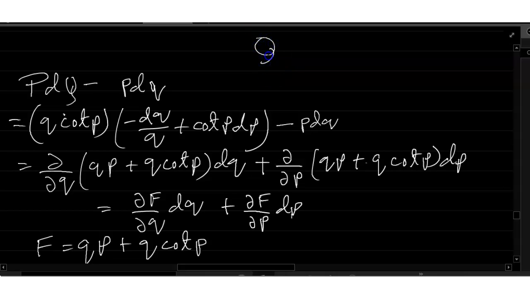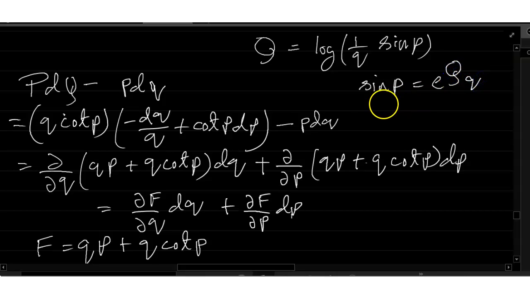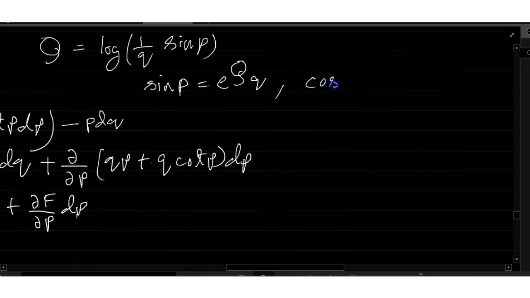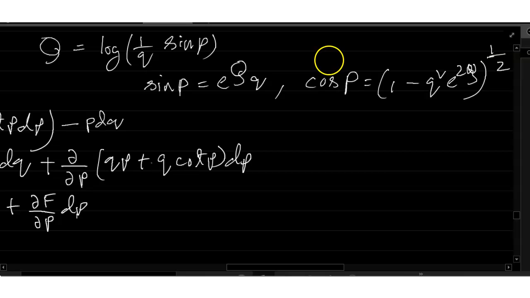So capital Q is equal to, we get, log of 1 by q sine p, and we can write sine p is equal to e to the power capital Q into small q, and cos p is equal to 1 minus q square e to the power 2q whole to the power half, because cos p is equal to root over 1 minus sine square p.